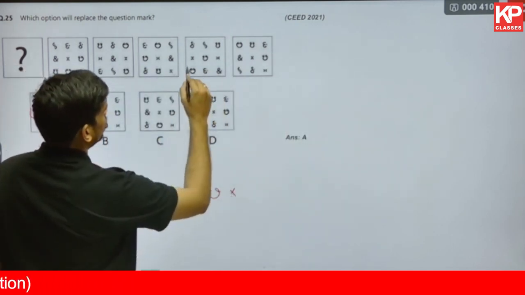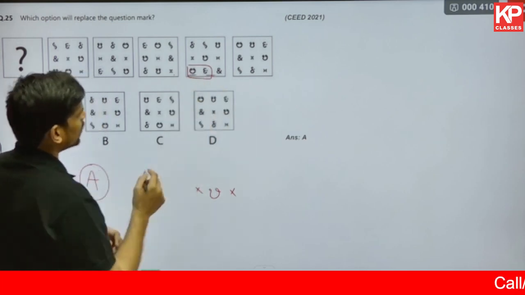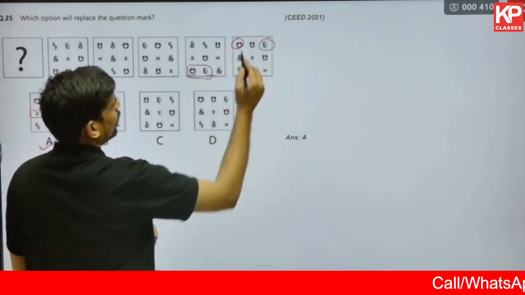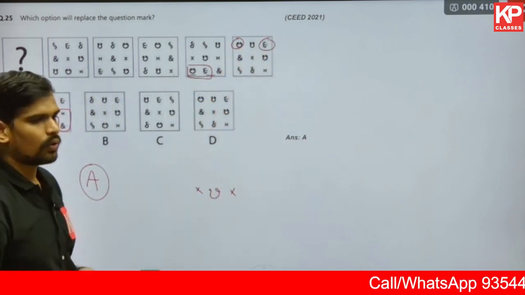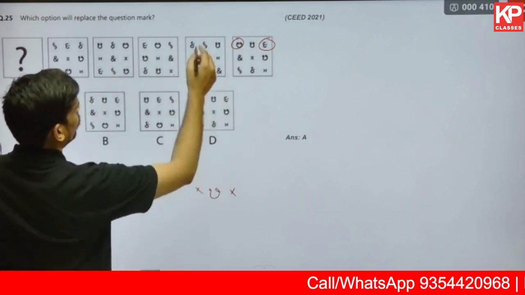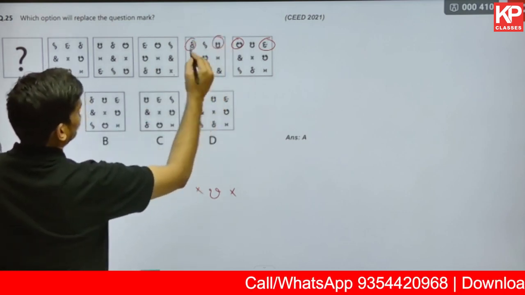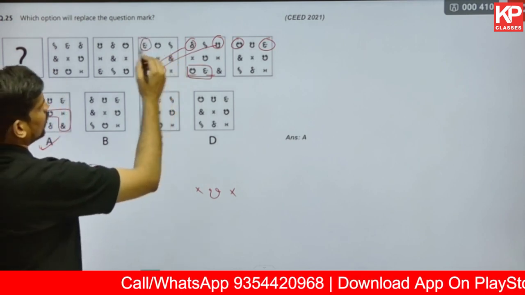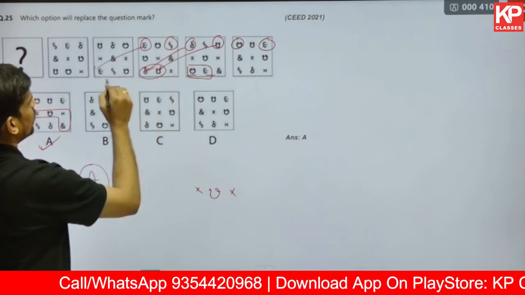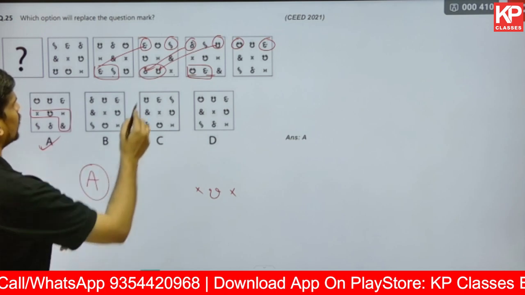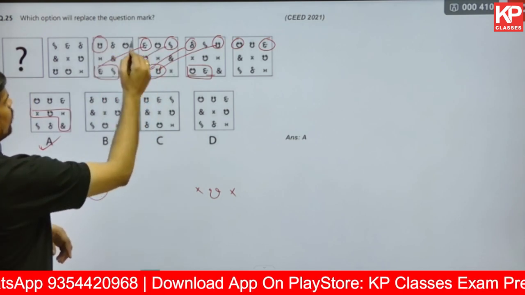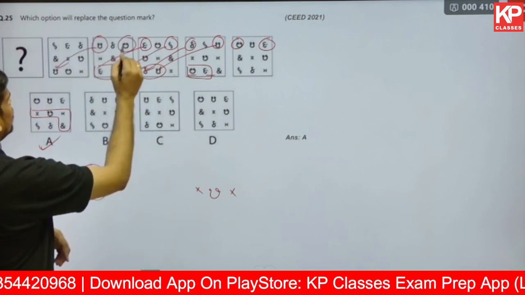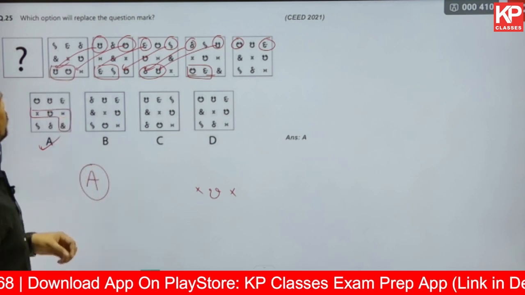So if you see these two elements over here, they are on the top row, top left and right, right? Again, top left and right will be coming to the bottom row. Top left, top right, that's seen in the bottom portion over here. Same thing again, top left, top right, that will be seen in the last row over here, right?